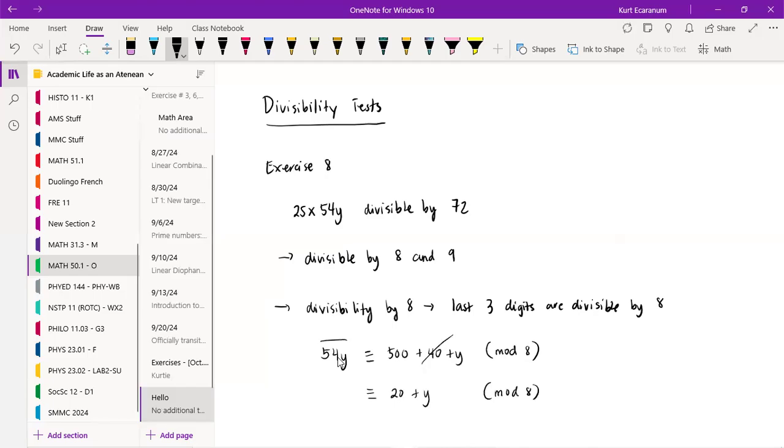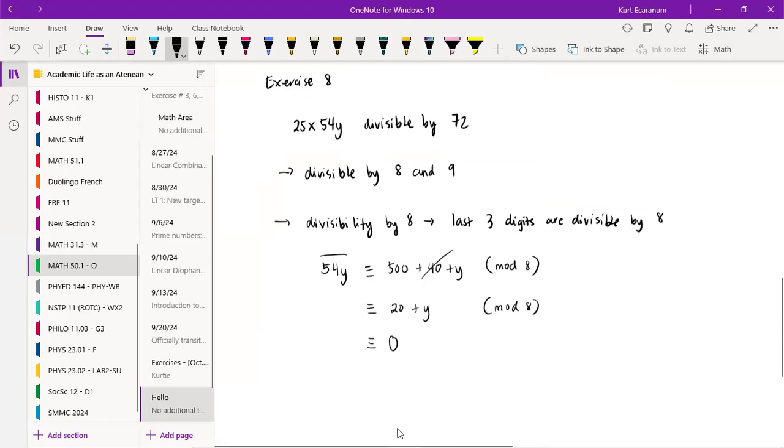At kung sasabihin natin divisible ang number na to, means, di ba, it's gonna be 0. Ang residue is magiging 0. So the first guess natin would be y equals 4. And yay, we have the first digit.